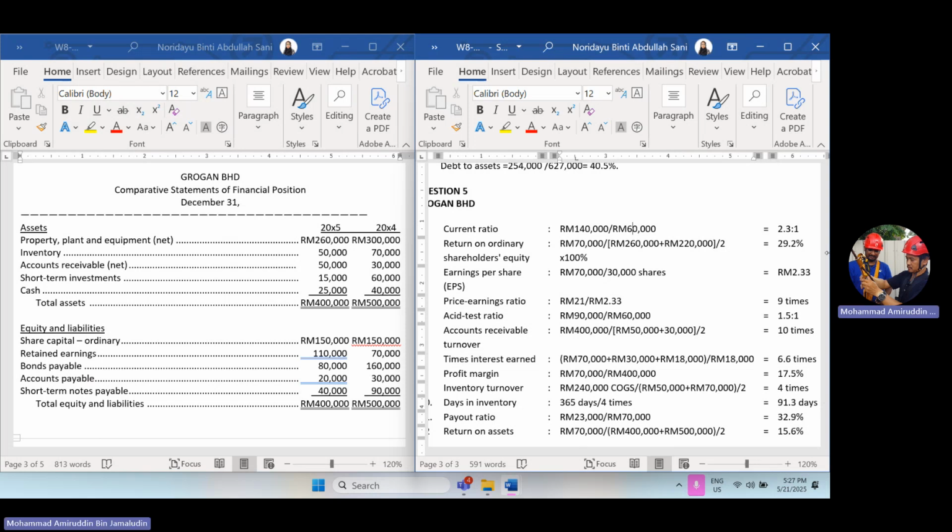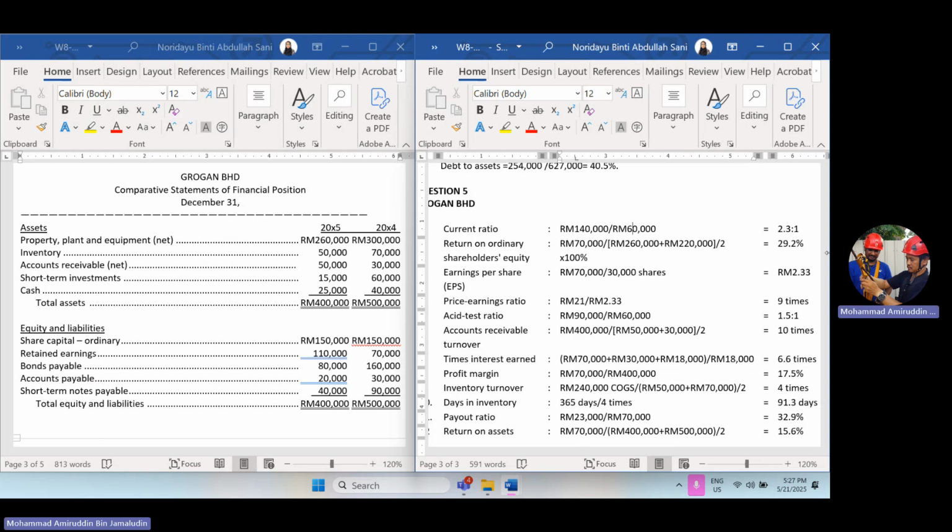Current liability is your short-term debt, right? This is your current asset. The higher the current ratio, the better, because you have sufficient liquid asset to settle your short-term debt. 2.3 is your current ratio: current asset over current liability.